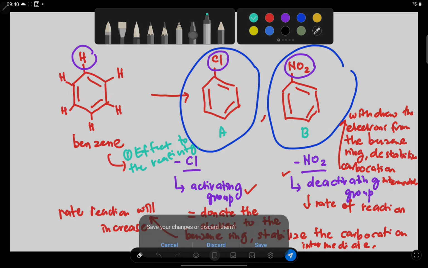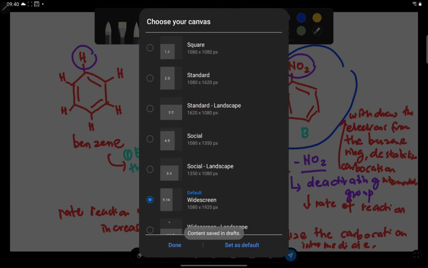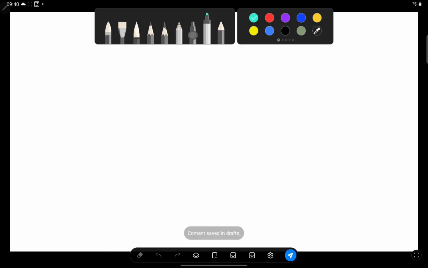And another effect, number 2, is the effect to orientation.